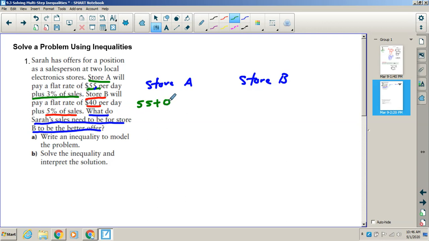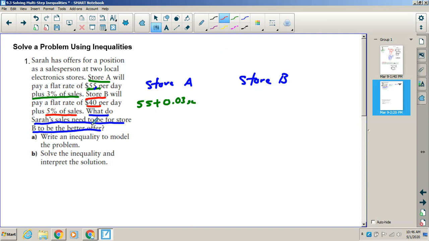And 3% as a decimal is 0.03. We're going to call her sales x. That's how she makes money at store A: $55 for walking in the door, plus 3% of all the sales she makes, and x is the amount of money made in sales.